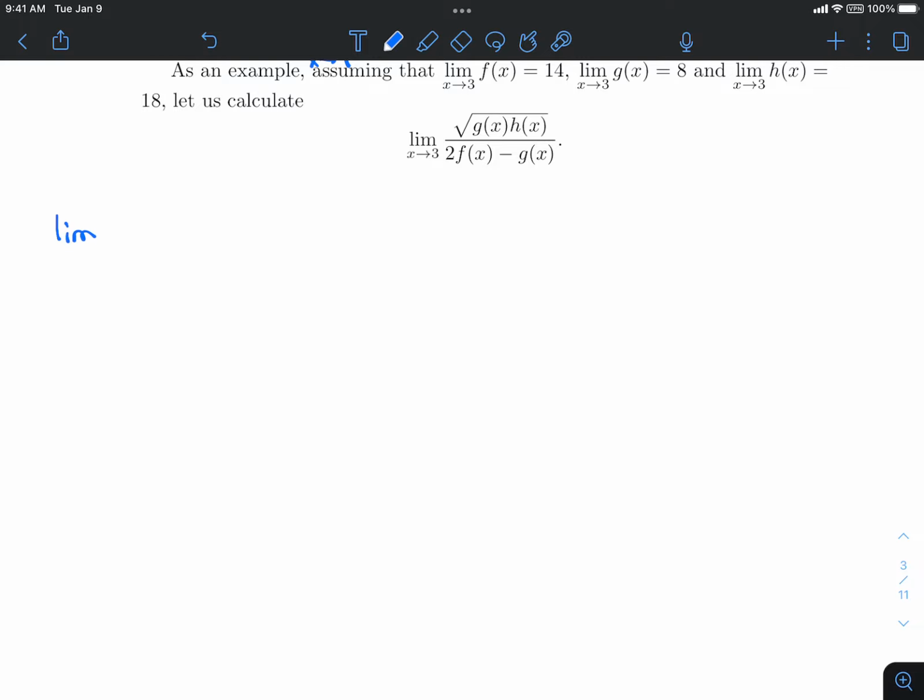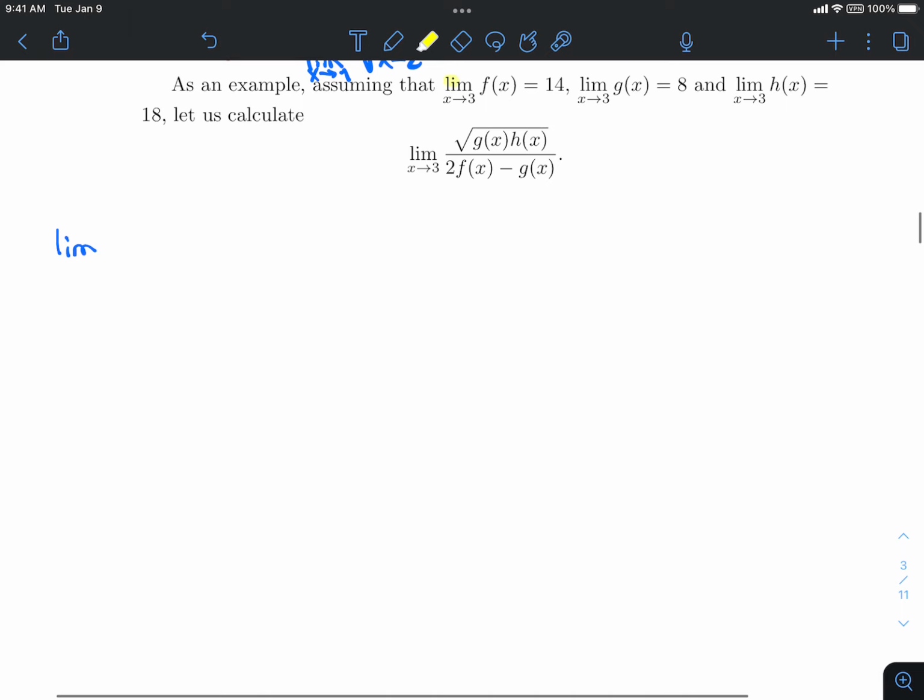We're given the limits separately for f, for g, and for h. We're given each of those separately, all when x approaches 3. That's important. And now we're asked to calculate this whole limit when x approaches 3. And again, it's important that x is approaching the same value for all of these.